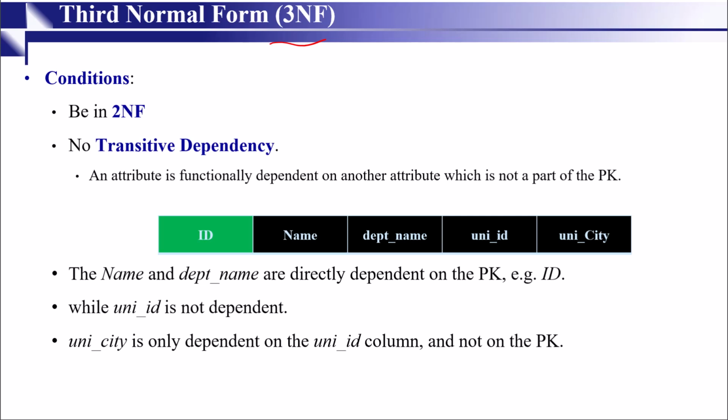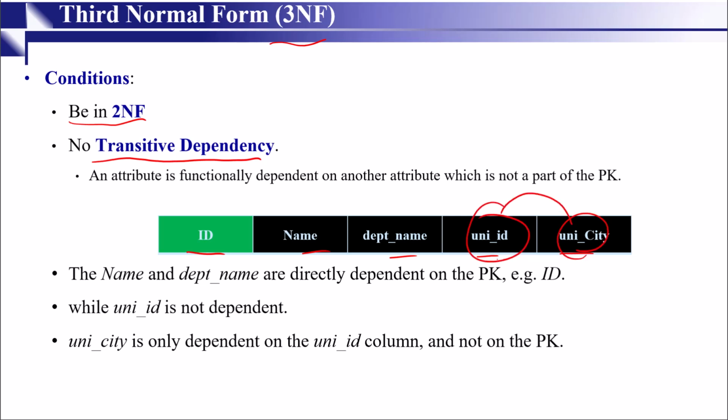A table is in 3NF if it's already in 2NF, and if it is in 2NF, it means it's already in 1NF, and also it has no transitive dependency. A transitive dependency is when a non-key attribute depends on another non-key attribute. In a table that has ID, name, department name, university ID, and university city, the university city depends on university ID, right?